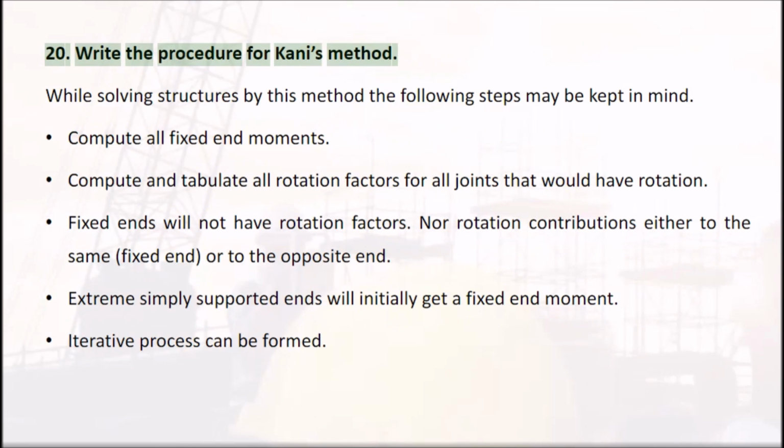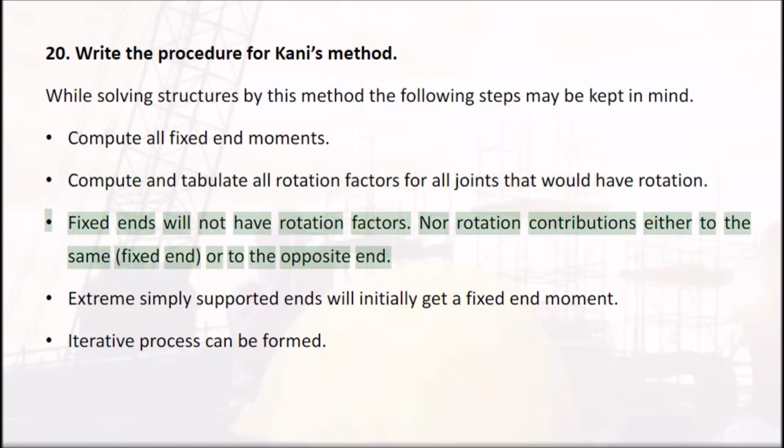Write the procedure for Kani's method. While solving structures by this method, the following steps may be kept in mind. Compute all fixed end moments. Compute and tabulate all rotation factors for all joints that would have rotation.